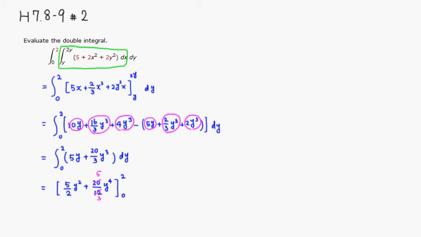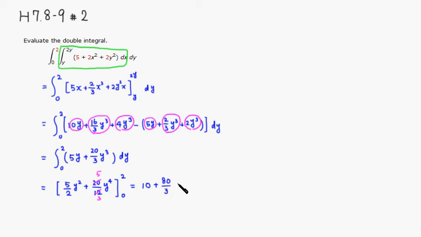Then we can just plug in 2. Plug in 2 here, so that'll be 4, then the 2 cancels out, so 2 times 5 is 10. Plus, plug in 2 here, so 2 to the 4th is 16. 16 times 5 is 80, so it's 80 over 3.